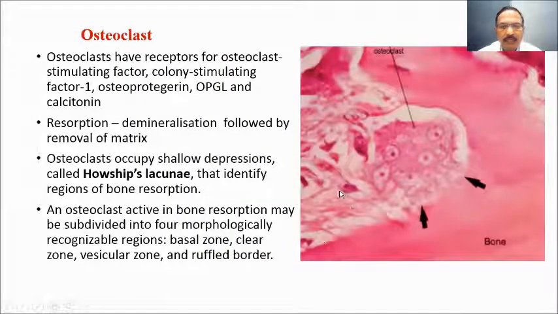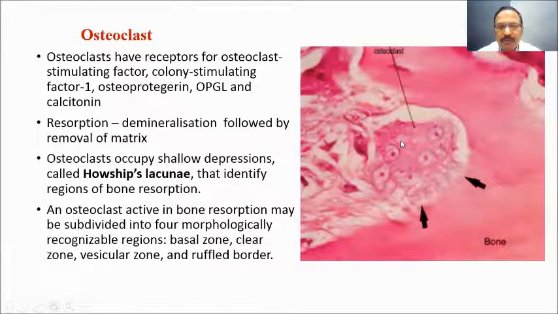Here you can see another slide, a real slide showing osteoclast, and these osteoclast cells, where you can see the ruffled end, with a lot of nuclei present, which are euchromatic nuclei with the nucleolus. And usually, if you see the cytoplasm, it can be described that there are 4 zones present in the area related to the bone, which are called the basal zone, clear zone, vesicular zone, and ruffled border.